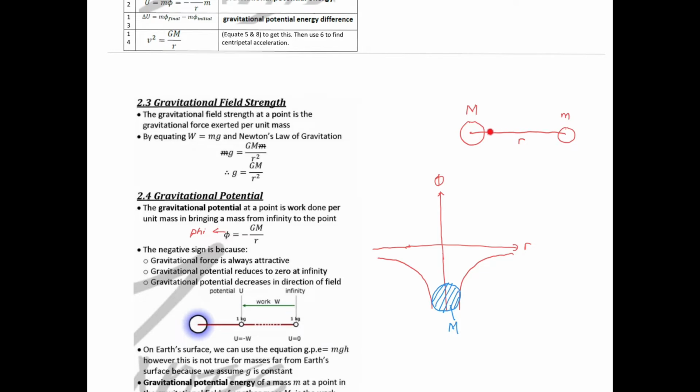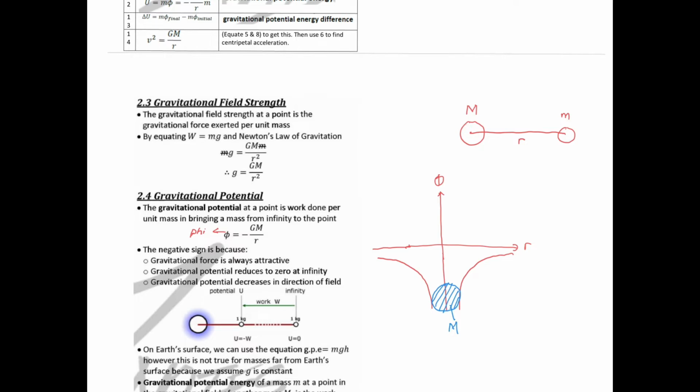Initially the rock is very far away from the earth. Logically, the rock is hardly attracted by the earth because it is too far away.